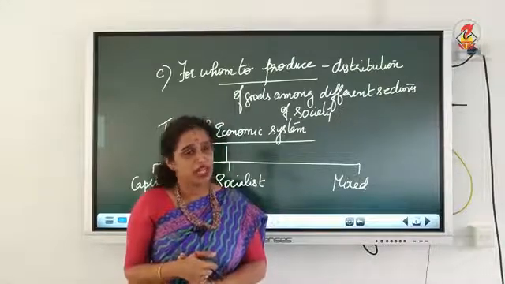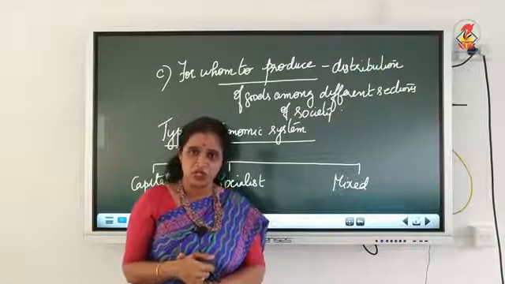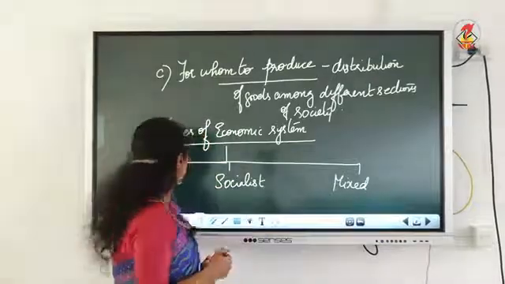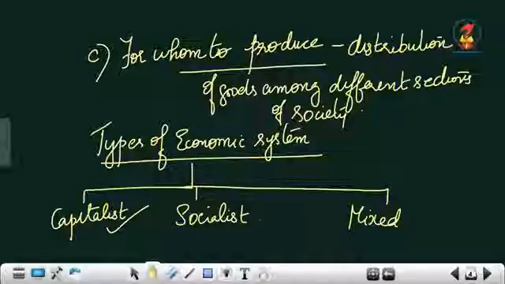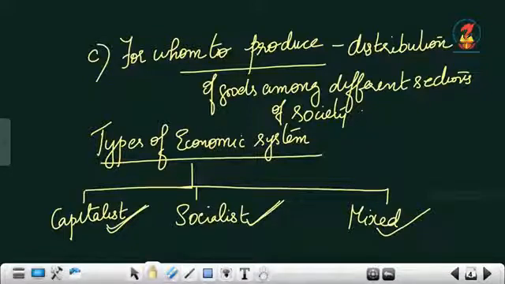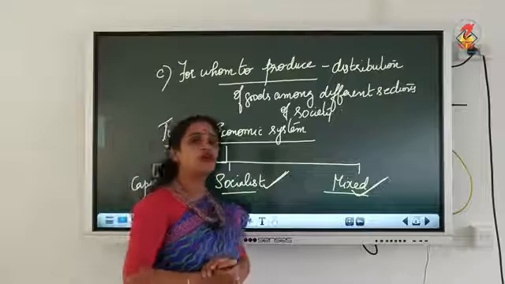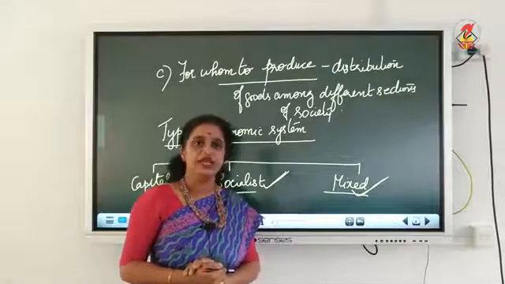Mainly three types of system were prevalent: the capitalist system, the socialist system and the mixed system. That is capitalist economy, socialist economy and mixed economy. Now, let us see the features of all these types of economy in detail.